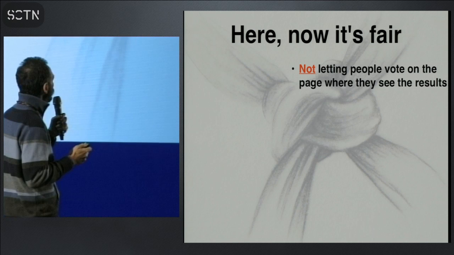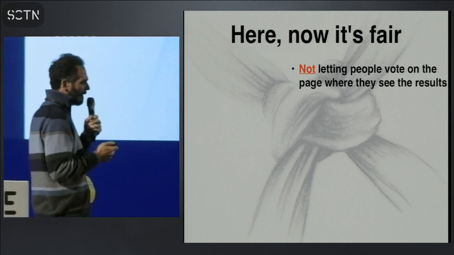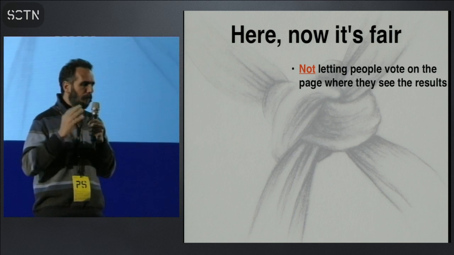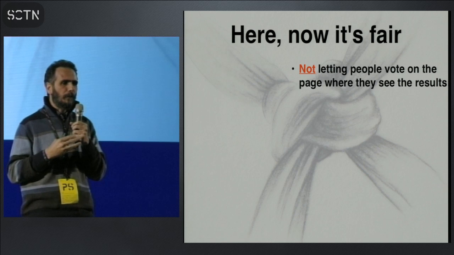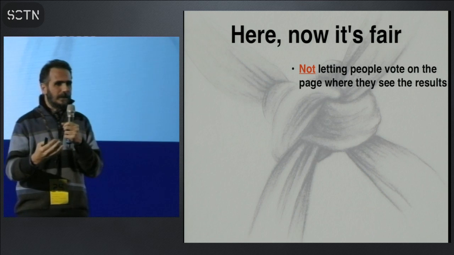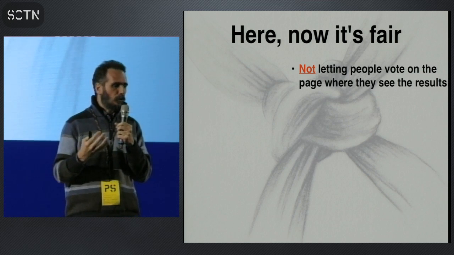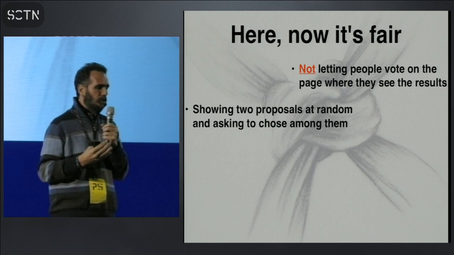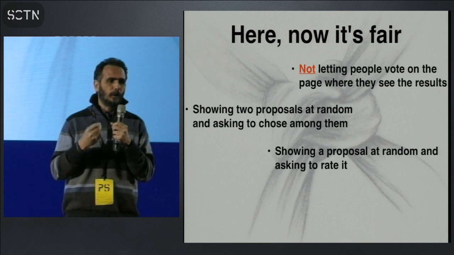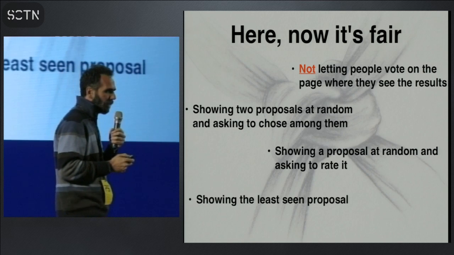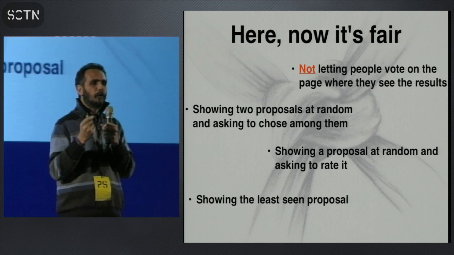There are several possibilities to solve it. For example, dividing the page of the results from the page where people vote is a very good way, and people writing polls have been doing this all the time. Another is showing two proposals at random and asking people to choose between them, or showing a proposal at random and asking to rate it, or showing the least seen proposal.